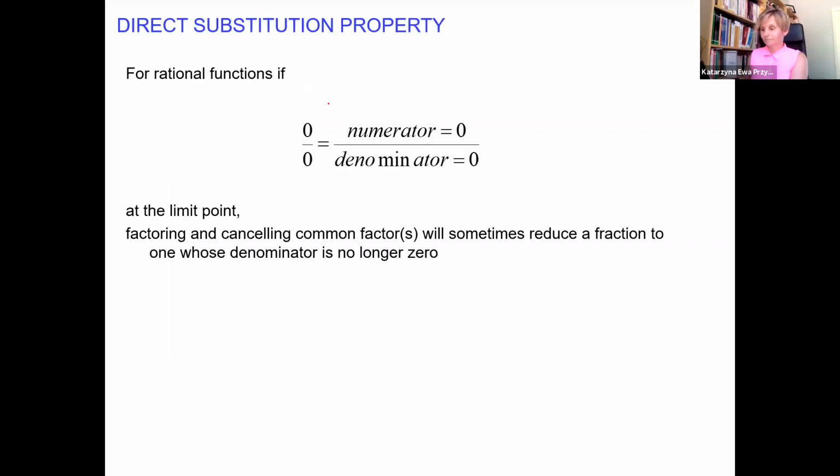We will do it in a minute. This is just the procedure: if by direct substitution we get 0 over 0, we can find this common factor, I'm just repeating, and we can cancel it out. Then no longer will we have 0 in the denominator, and then we can directly substitute.